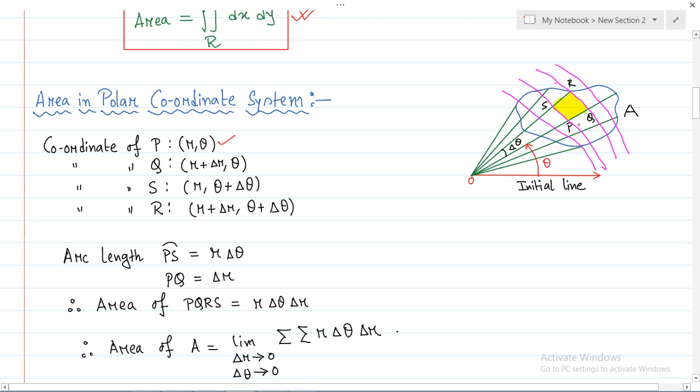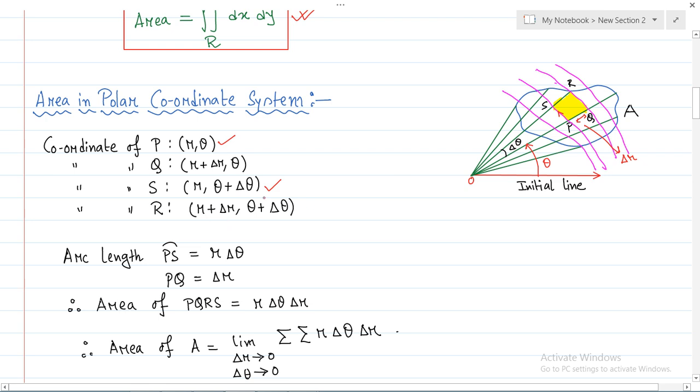The next point is Q. For Q we have traveled a little farther along the same line as P, and this distance is our delta r. Now we go a little to the right of P, to get S through an arc, for which we travel delta theta.